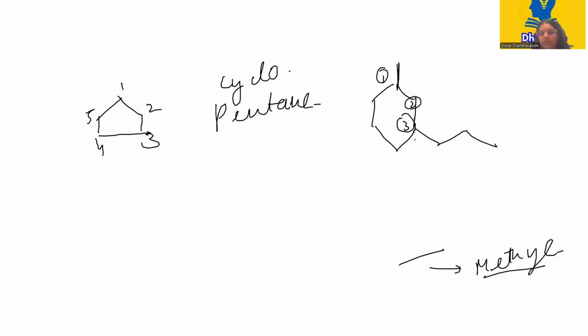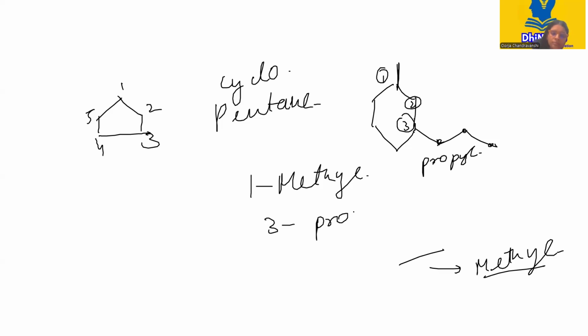So this is methyl, this is ethyl, right? How will the numbering be? 1, 2, 3. This is propyl. What would the naming be like? 1-methyl, 3-propyl, cyclo. How many carbons are there? 1, 2, 3, 4, 5, 6. So it should be cyclohexane.